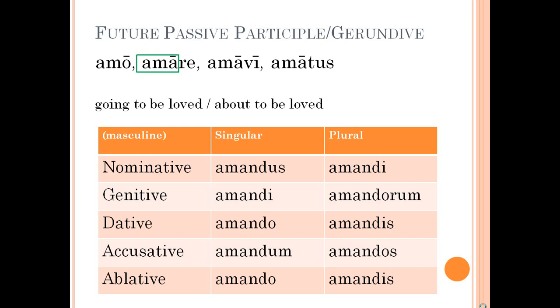But if you were to describe something feminine, you would use feminine endings, or for neuter, neuter endings. Instead of putting them all on the chart, I just picked masculine. The key to identifying the future passive or the gerundive is this -nd that's in every form. Just like the -nt told us it was present, the -nd reminds us of the -nd in gerundive.